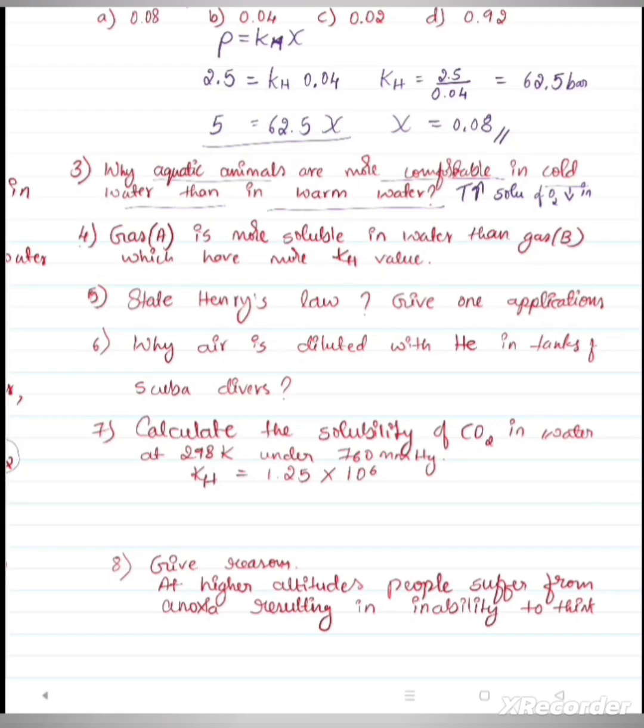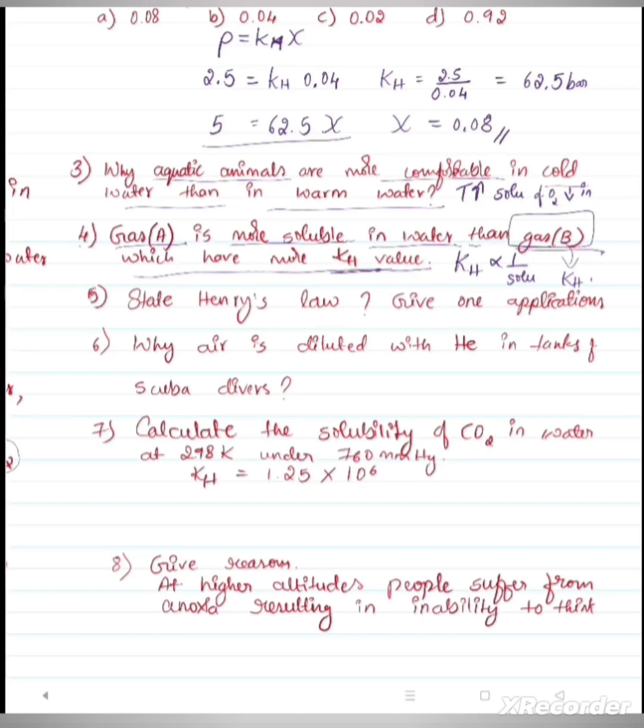In cold water, aquatic animals are more comfortable. Then next question: gas A is more soluble in water than gas B, which has more KH value? We already know KH value is inversely proportional to solubility. More KH value means less soluble. Gas B is less soluble, so gas B has more KH value.